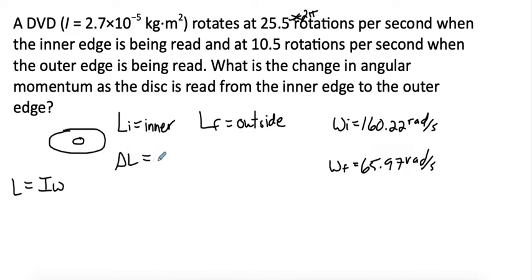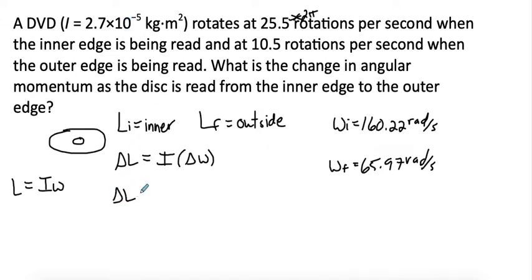And if we remember from our equations, that could also be written as moment of inertia times change in angular velocity. So this is pretty easy to get, and we have our moment of inertia up above here. So let's just plug that in.